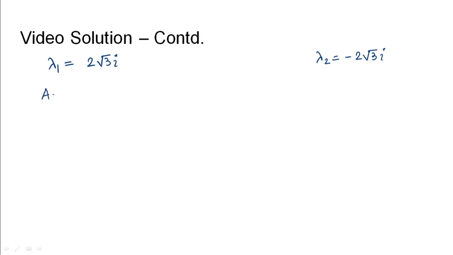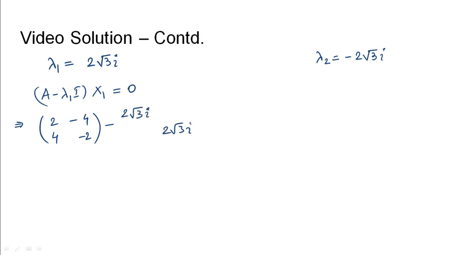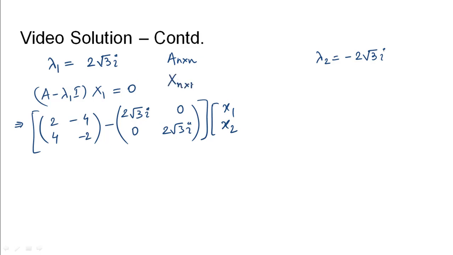So A minus lambda 1 into I into x1 will be 0. Doing this, [2, -4; 4, -2] minus lambda 1 I, that would be [2 root 3 i, 0; 0, 2 root 3 i], into x1, which has 2 elements, because the matrix A is of order n cross n, so the eigenvector would be of order n cross 1, equals 0.